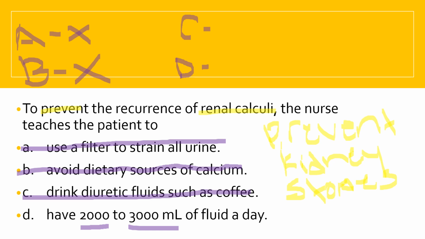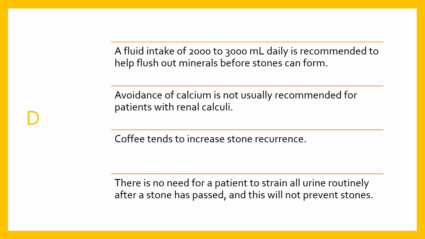Remember, 2,000 is usually what we say, but 2,000 to 3,000 milliliters of fluid is going to help to flush the body of all of the stuff that it needs to keep the kidneys working well, because you have to flush out the minerals before those stones can form. So we said no to C, and then we're going to have our big check mark. Remember, our check mark, we gave a rationale. What's the rationale? We need to flush out the minerals. All right, here's your rationale.